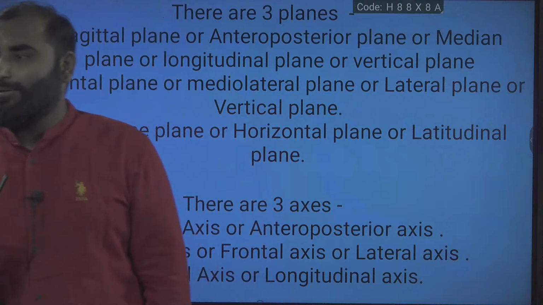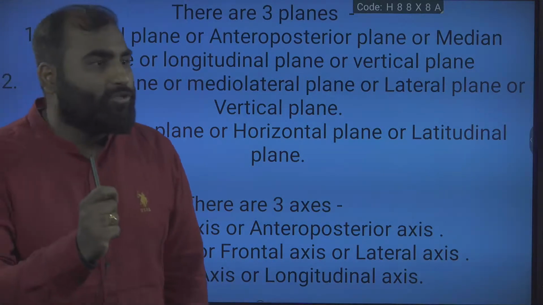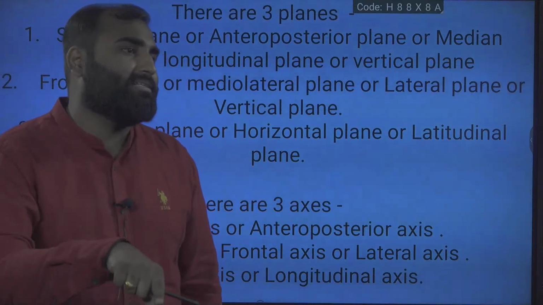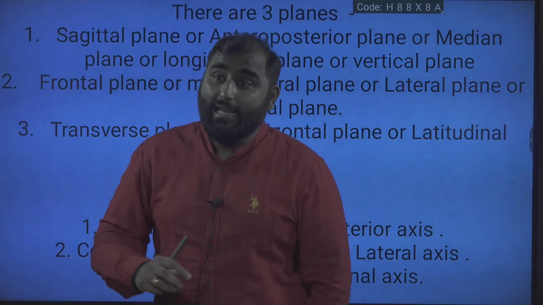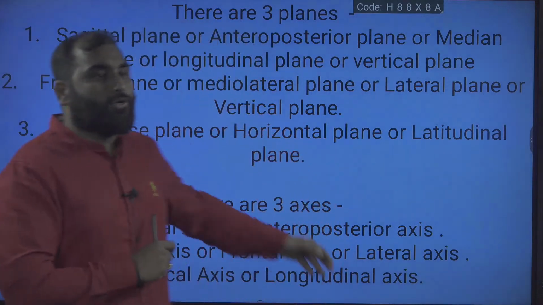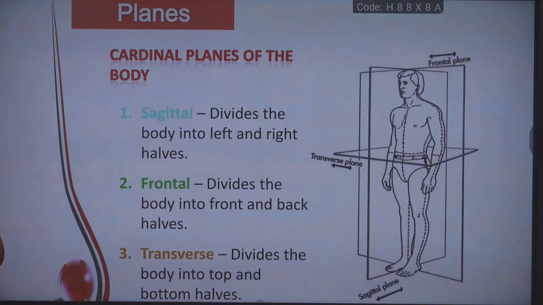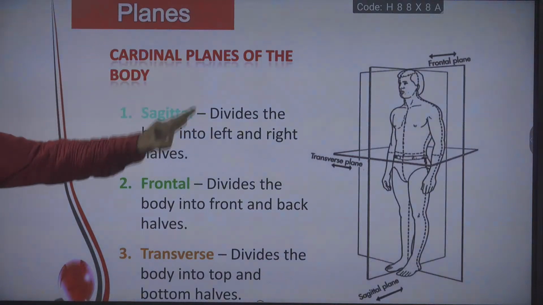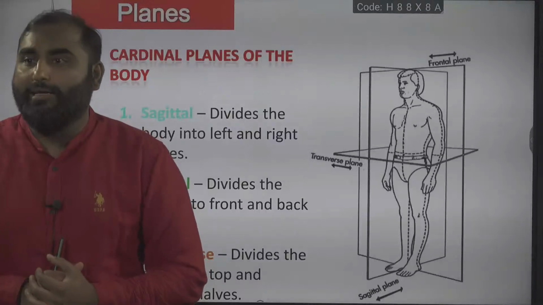Until you see those axes and planes, these words will be a little challenging for you. So let's see the planes first. Basically there are 3 cardinal planes. Now what is cardinal?